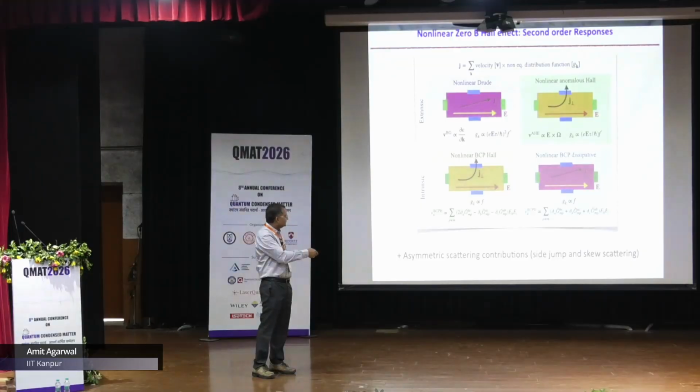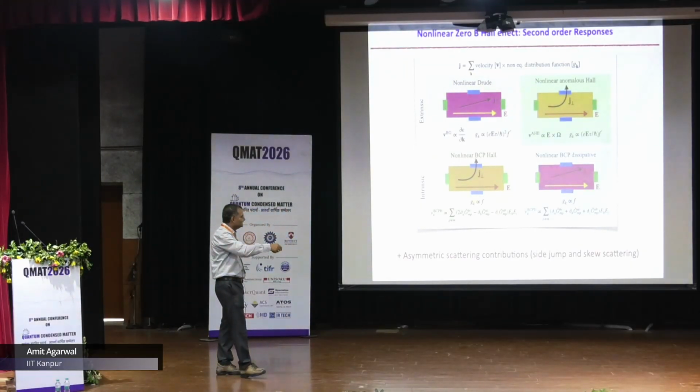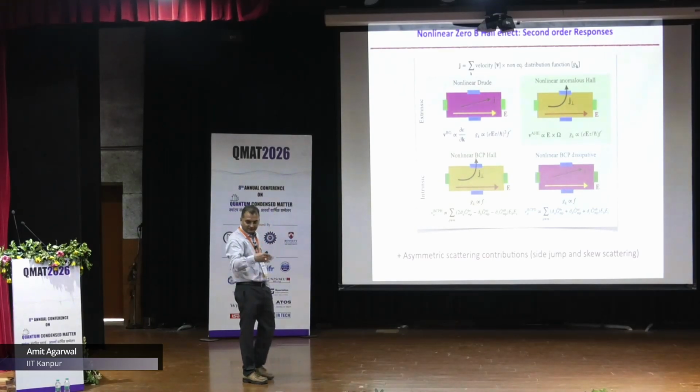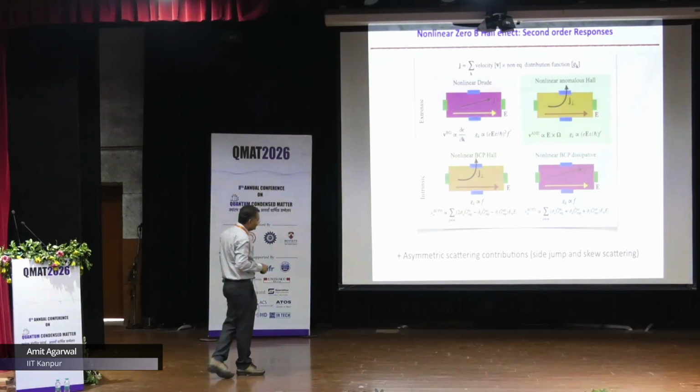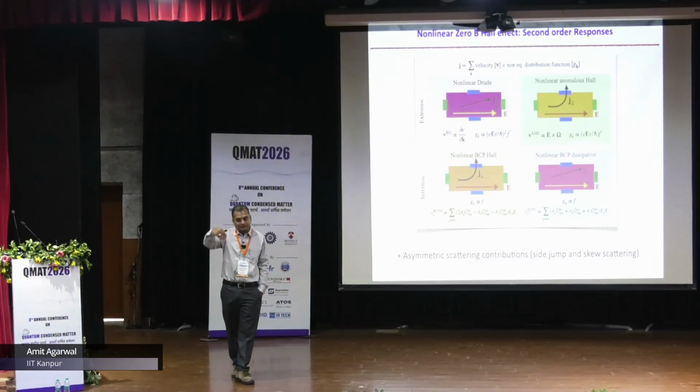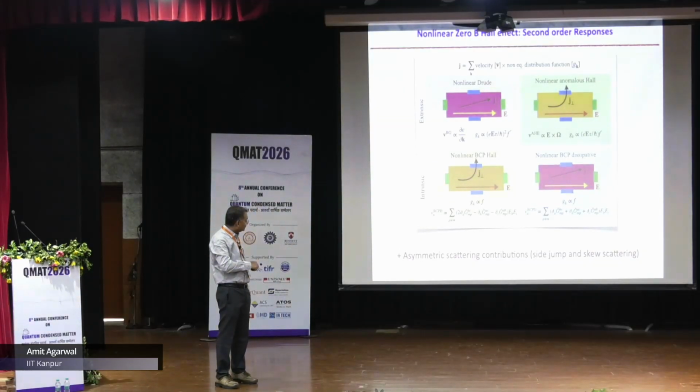We found that you can have another contribution which has a different symmetry property, and it can lead to dissipative contributions in both the longitudinal direction and Hall. But this is intrinsic. The response is a Fermi sea response, proportional to the Fermi function itself and not its derivative. So these are the 4 contributions in second order response without including asymmetric scattering as of now.